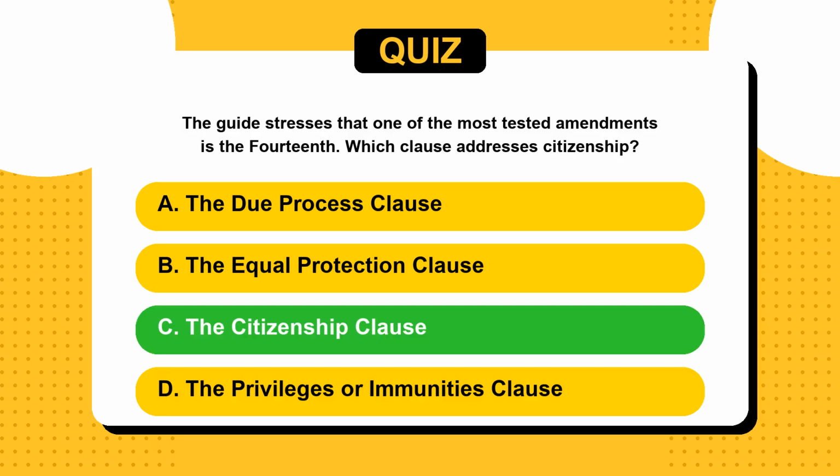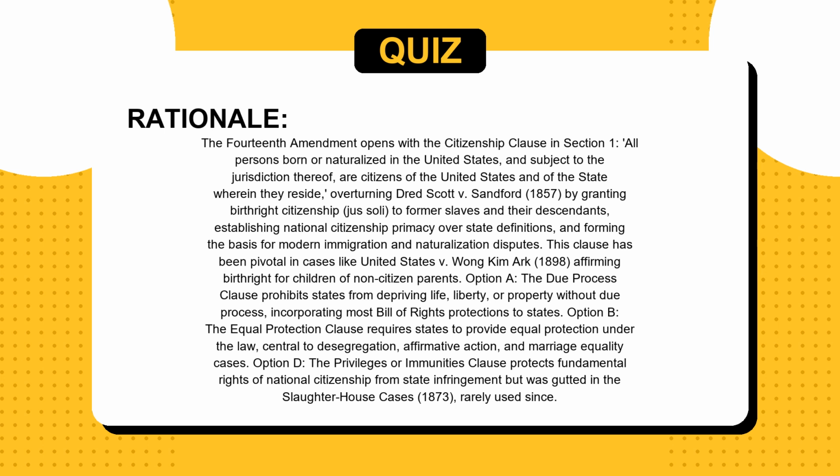The answer is C. The 14th Amendment opens with the Citizenship Clause in Section 1. All persons born or naturalized in the United States and subject to the jurisdiction thereof are citizens of the United States and of the state wherein they reside. Overturning Dred Scott v.